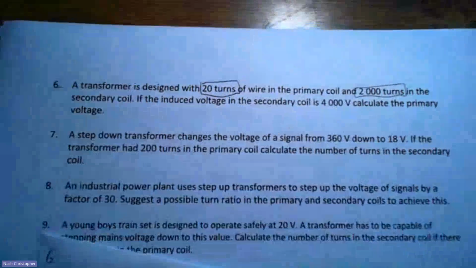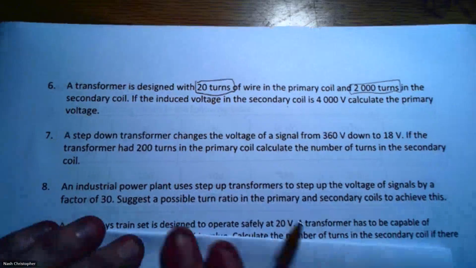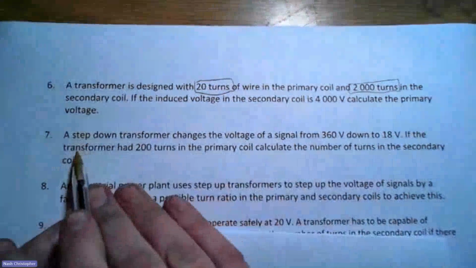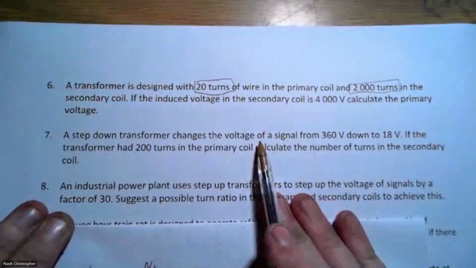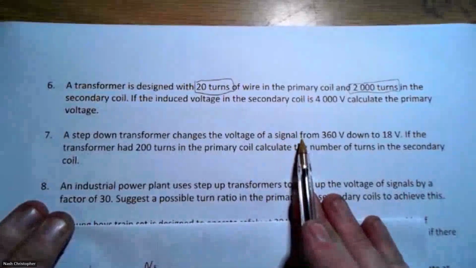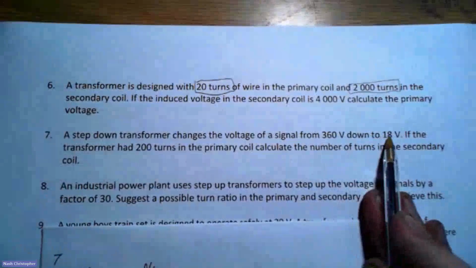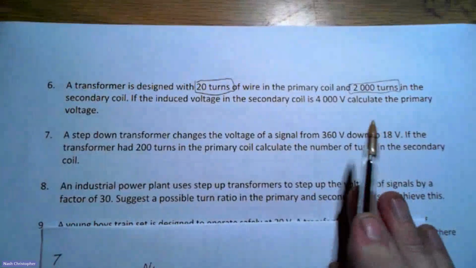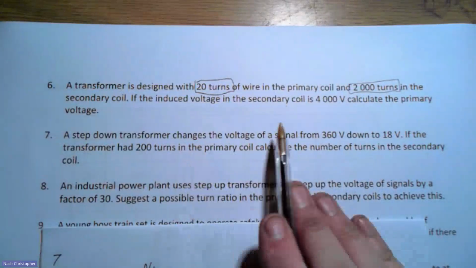Number 7. It says a step-down transformer changes the voltage of a signal from 360 volts down to 18. So we're stepping down. So your primary will be the larger one.